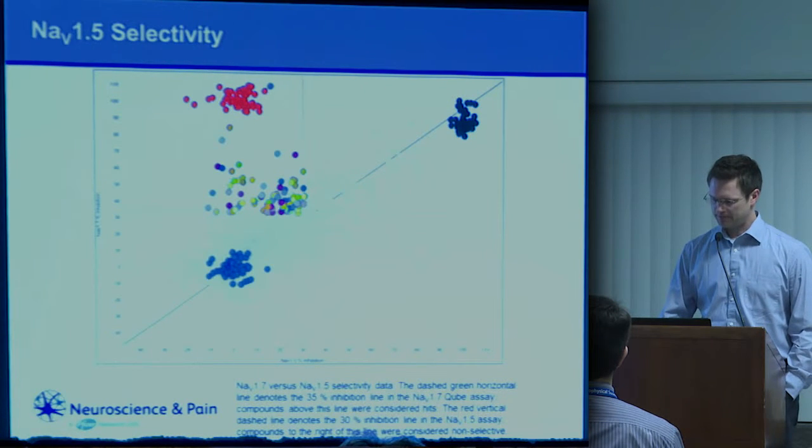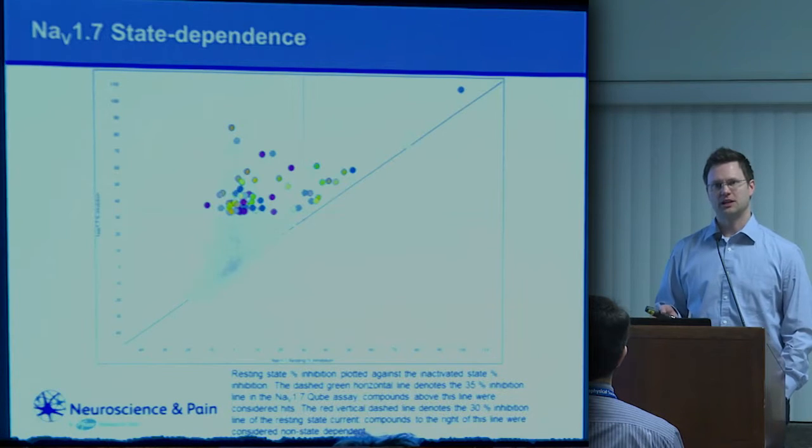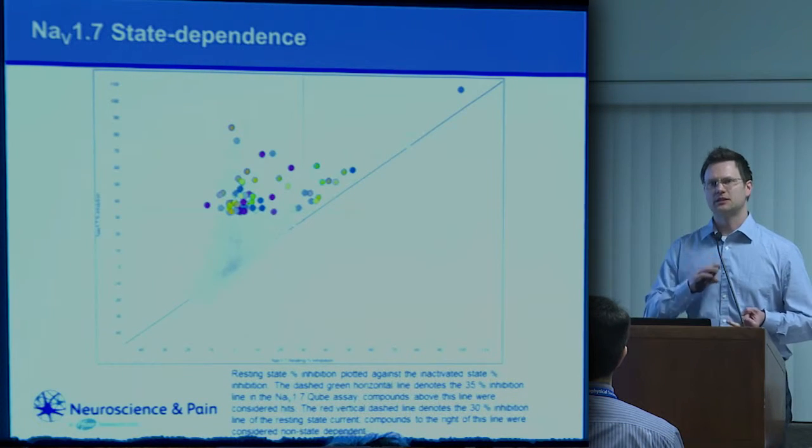So moving on from there, the purpose of the HTS was to try and identify Nav 1.5 selective, but also inactivated state preferring compounds and get to a starting point for medchem faster than previously. So we were looking at something that would be selective straight off the bat, inactivated state preferring straight off the bat.